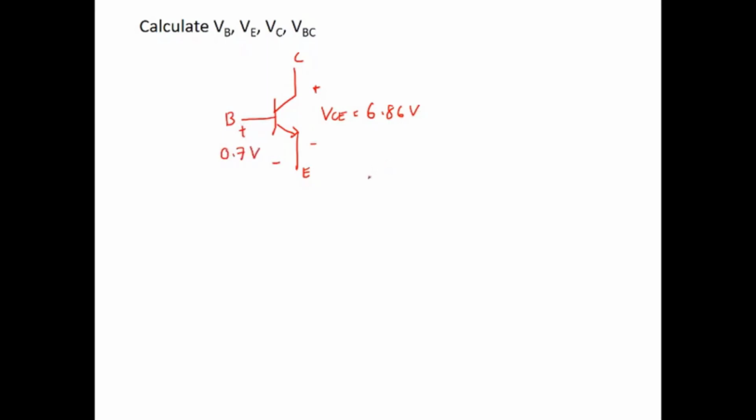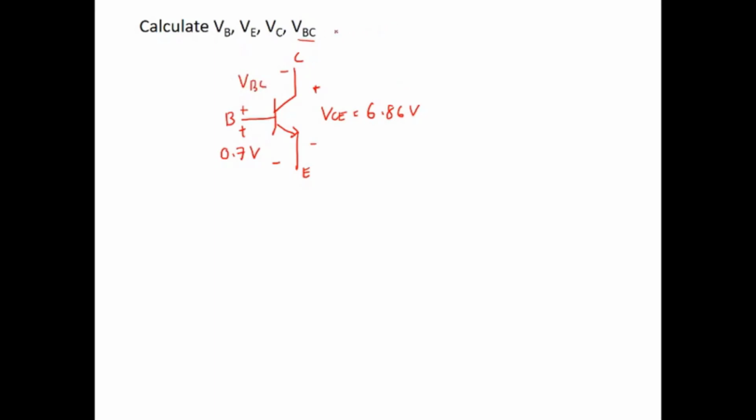So the question is how much are VB, VE, VC and VBC. Let's do the VBC first. VBC is the base with respect to the collector. This is VBC.